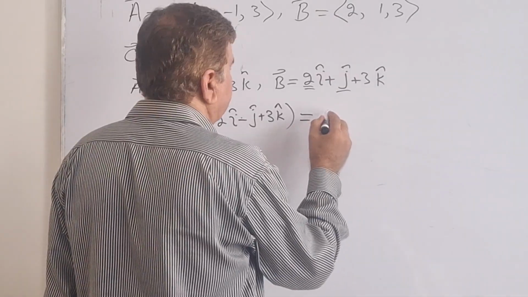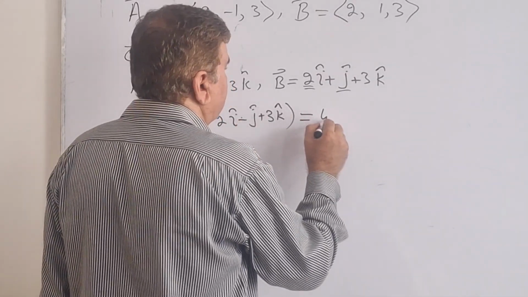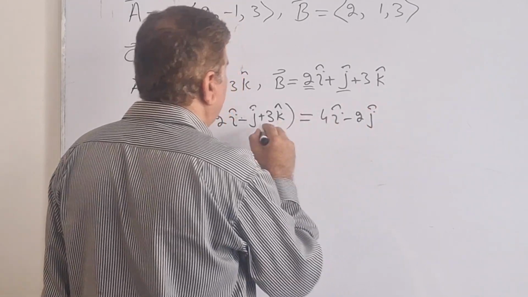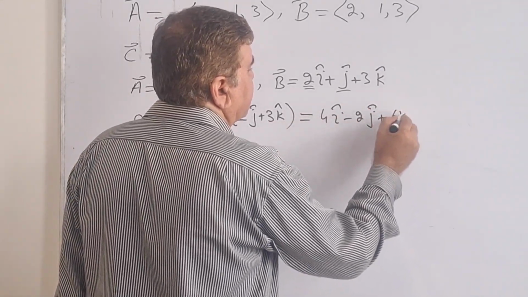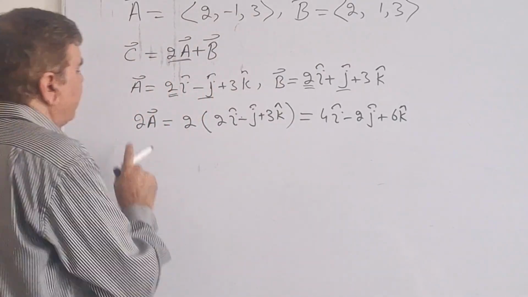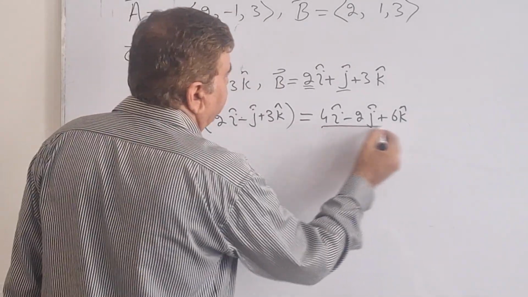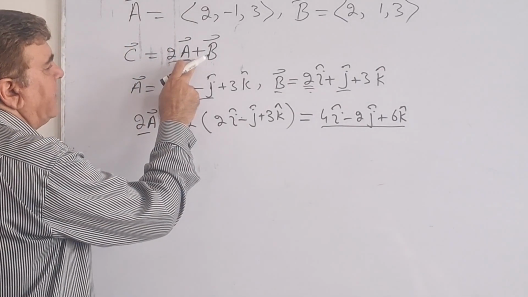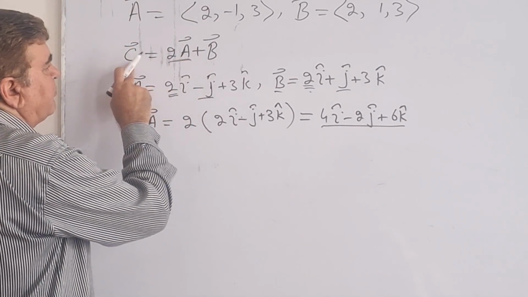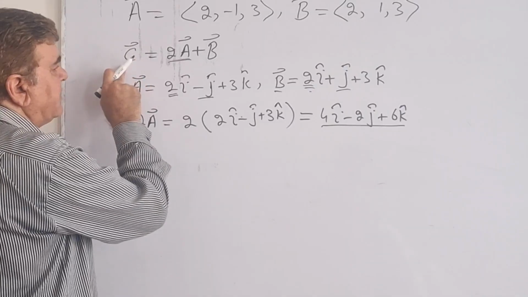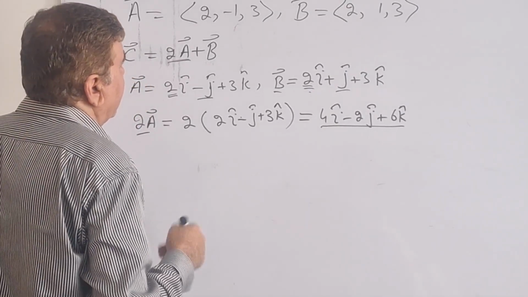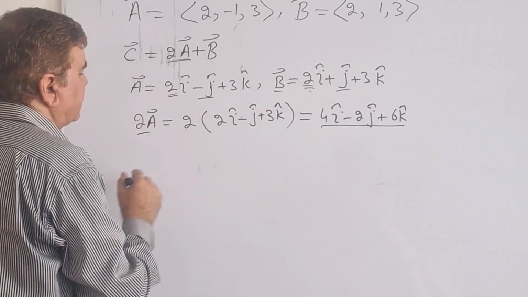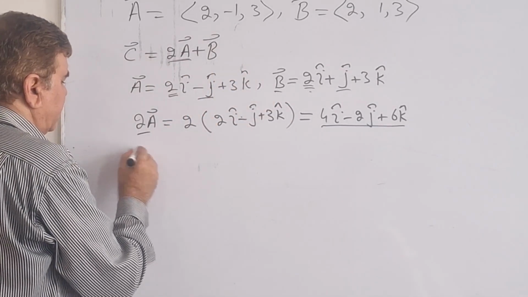So I can write this as 2 twos are 4i minus 2j plus 6k. Now we have this vector in terms of unit vectors, so I can find the x component, the y component, and the z component of this vector. I can either do it separately or I can put these values simultaneously. So let me put them simultaneously.